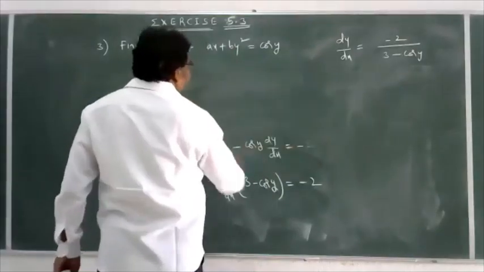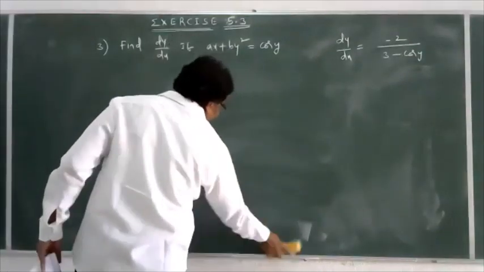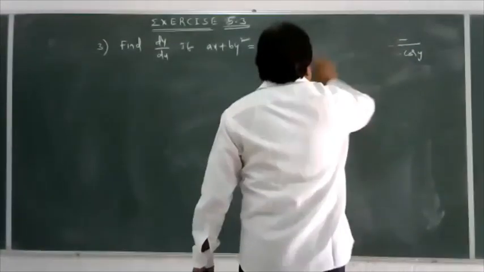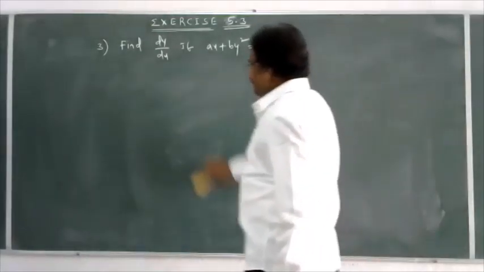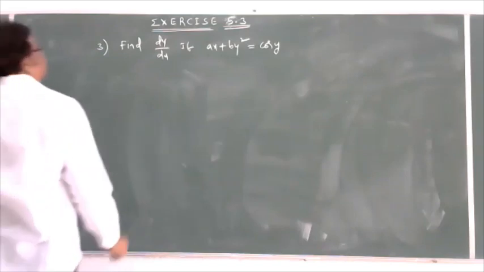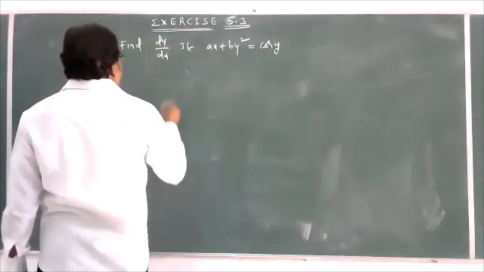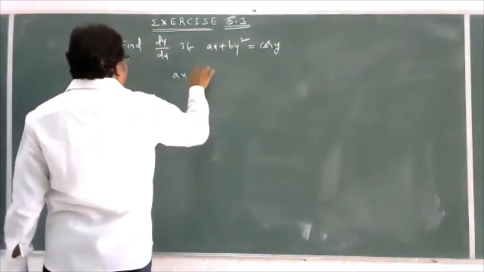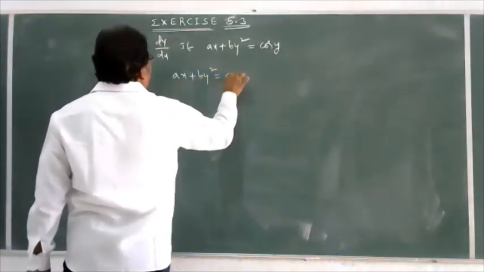Here also the given function is an implicit function. So write the given function: ax plus by square is equal to cos y.